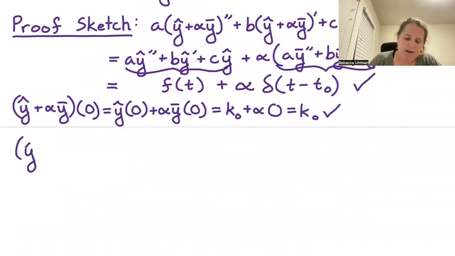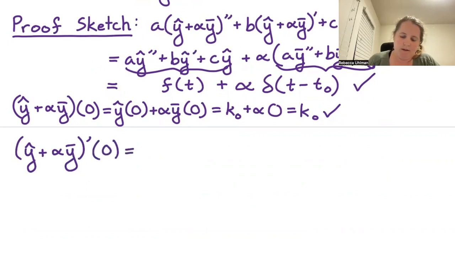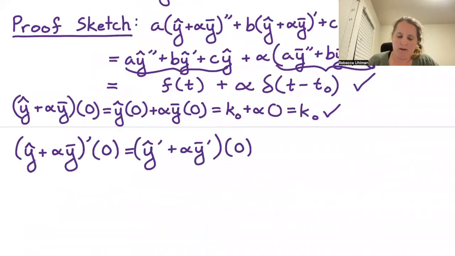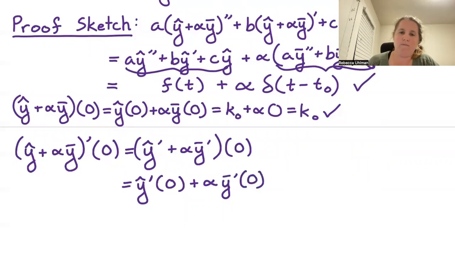Now I'm doing the same for the second condition. We have ŷ + αȳ, taking the derivative of that, evaluated at 0. This is ŷ' + αȳ', all evaluated at 0. That is ŷ'(0) + αȳ'(0).